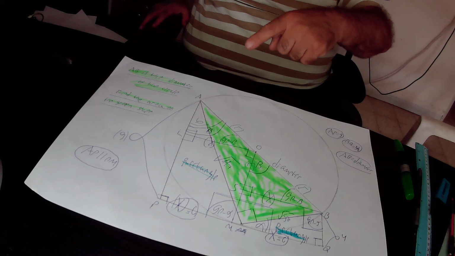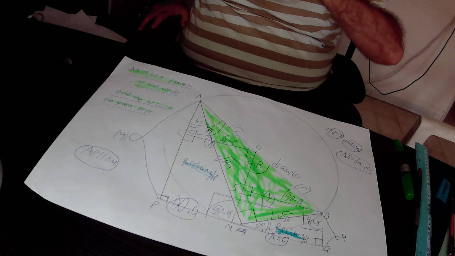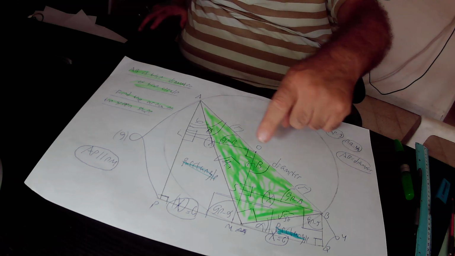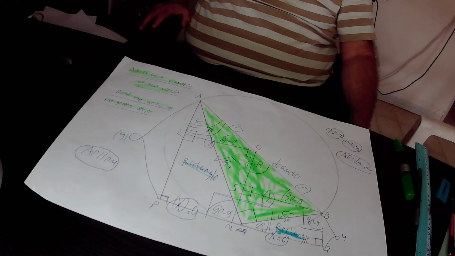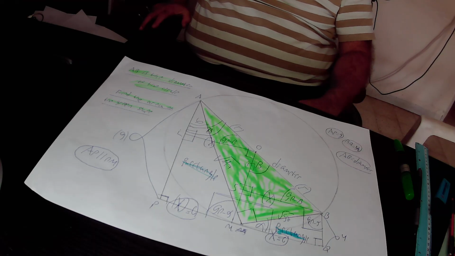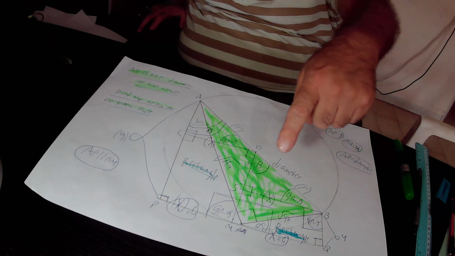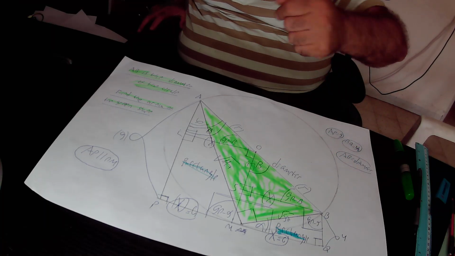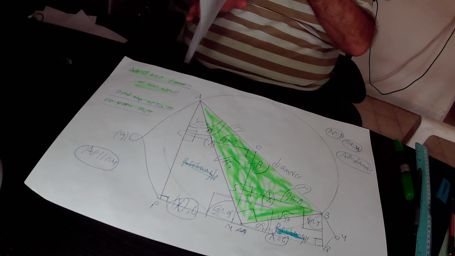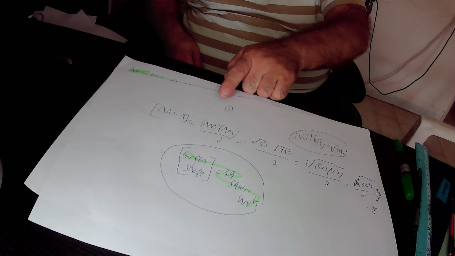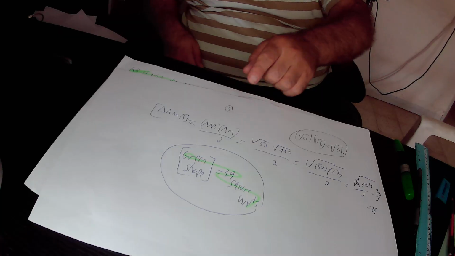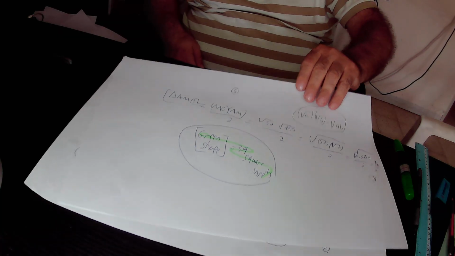The green shape is actually the right triangle AMB, so we have to find its area. You know that the area of any triangle equals the base times the height over 2. The base is MB, the height is MA. So the area of the right triangle AMB is equal to the base MB times the height AM over 2.